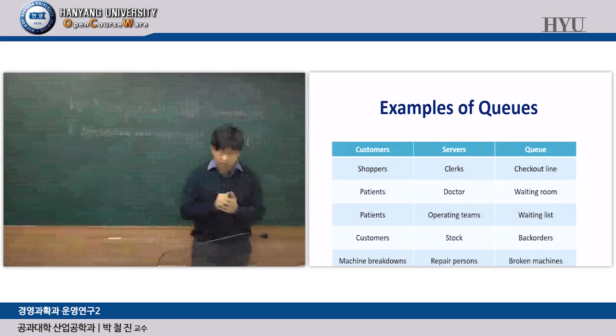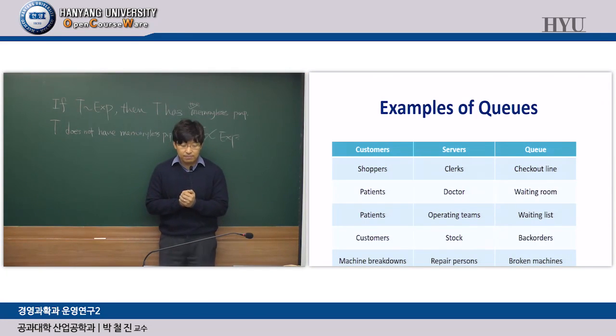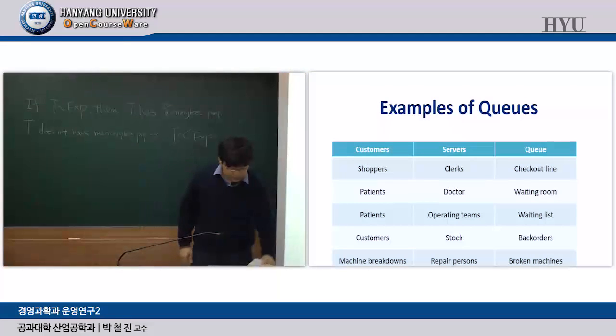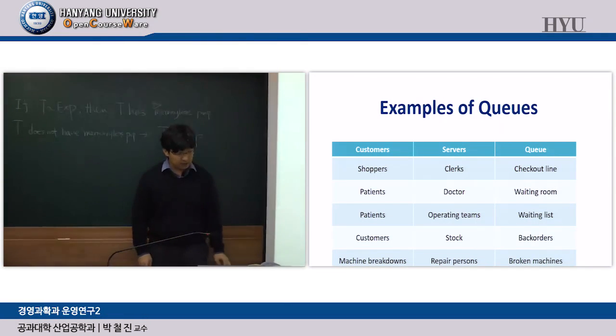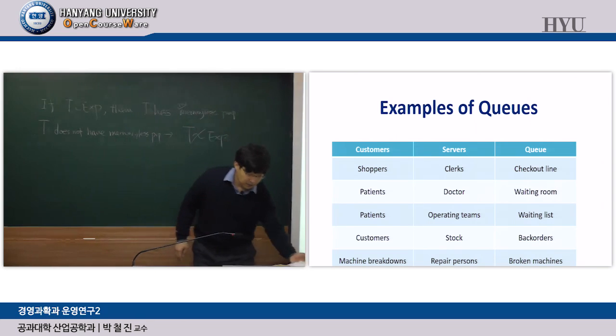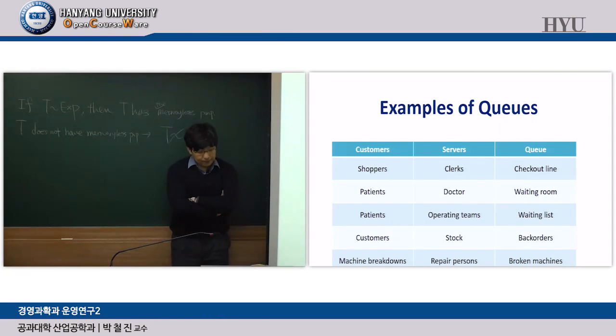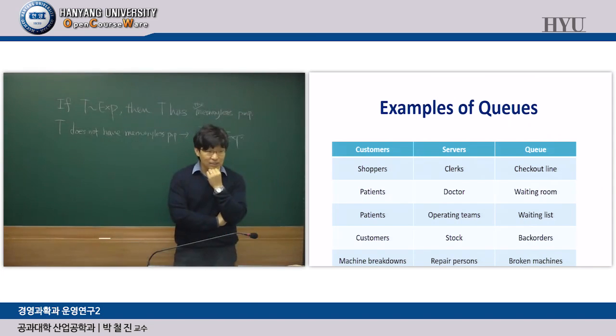So there are many examples of queuing systems. You can think about service systems with customers like shoppers in the market, and at the checkout counter we have clerks. They are working on calculating how much you need to pay, right?